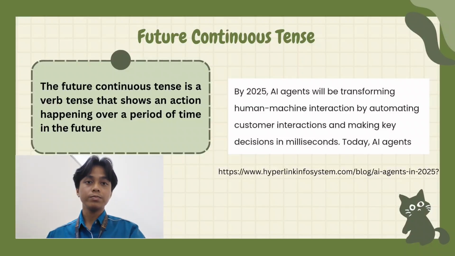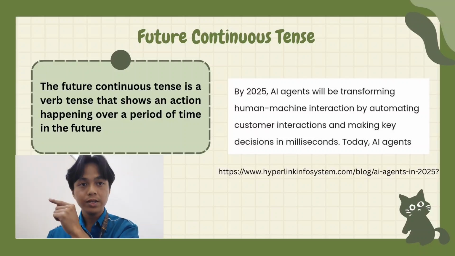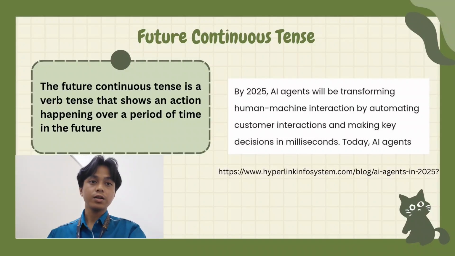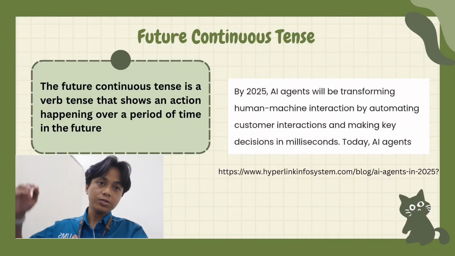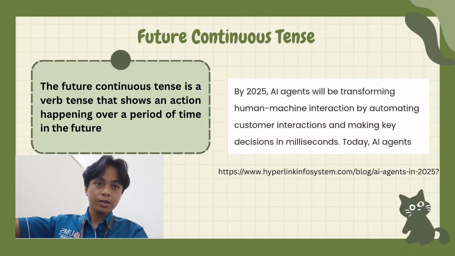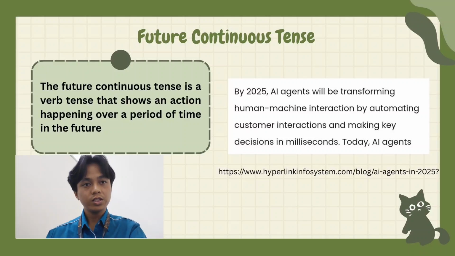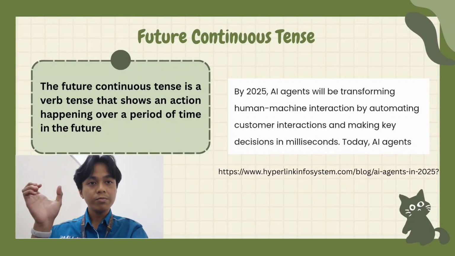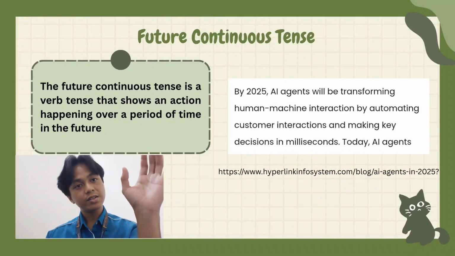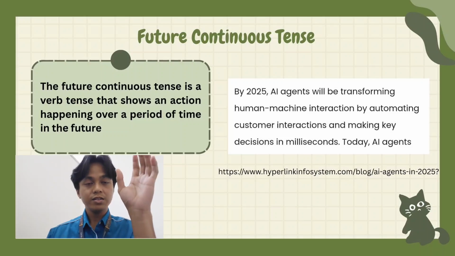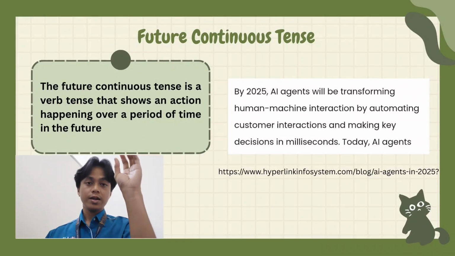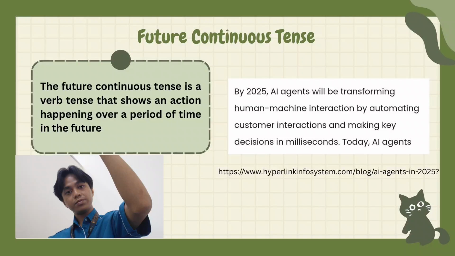By the word by, it says that until 2025, AI agents will be transforming human-machine interaction by automating customer interaction, so this event will happen at 2025.